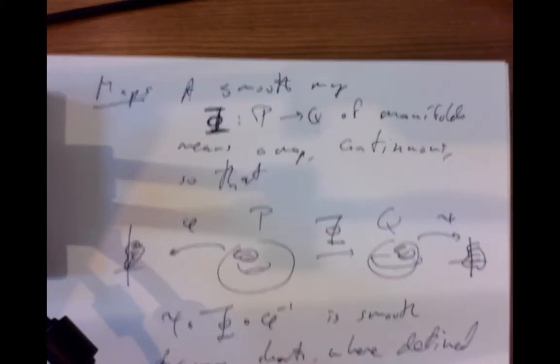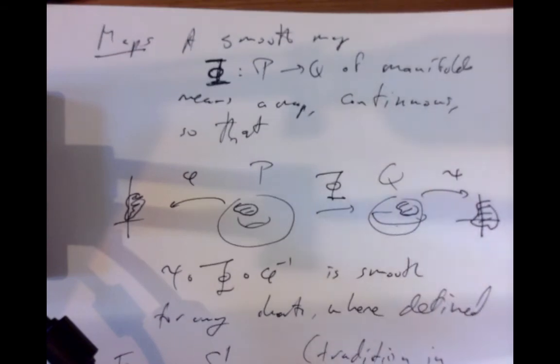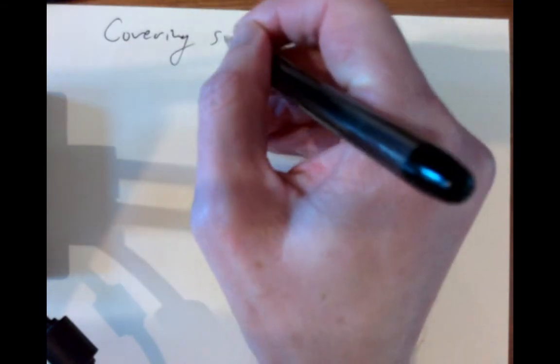I want to talk about the general notion of covering map, which you probably didn't come across in topology. It's discussed in some topology classes and not others. So let's look at the definition of covering space.